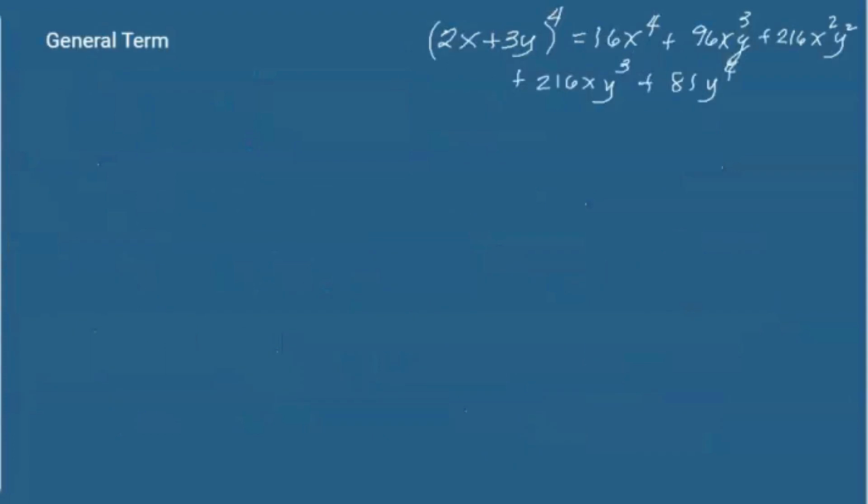Now I just want to show you how to find the general term in a binomial expansion. So for example, we have x plus y raised to the n power. So if you're asked to find the fourth term, the third term, the t term, for example, we use this formula, the combination formula.